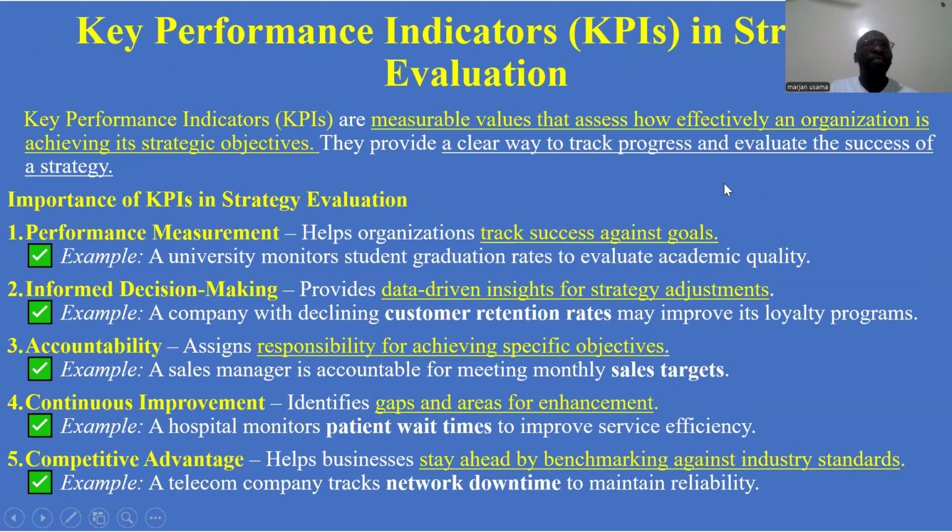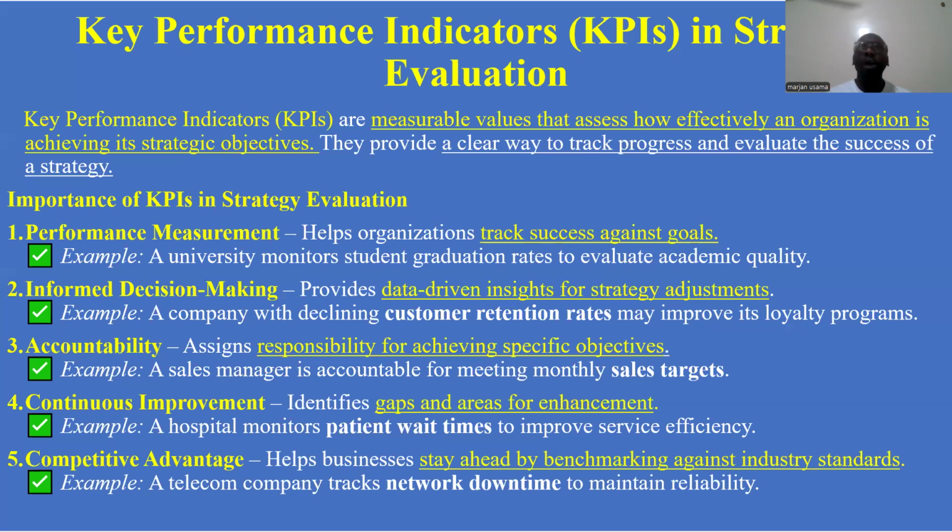Now, this is just the same thing I was saying, key performance indicators. You know, we have the performance measurement. So when you're talking about key performance indicators, these are measurable values that assess how effectively an organization is achieving its strategic objective. So in every organization, they normally have al-ma'ayir. These al-ma'ayir, they're known as indicators.